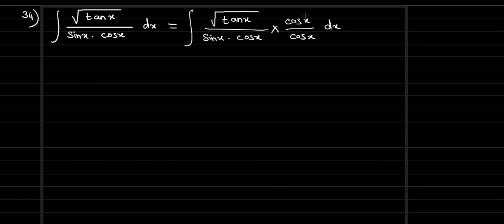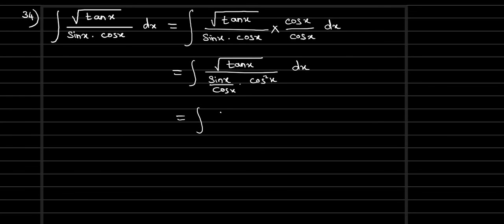So now this cos x I'm going to carry to the denominator. So integral square root of tan x by, under the sin x I'm going to write sin x by cos x, this cos x into cos x, it's a cos square x dx. Sin x by cos x is what?